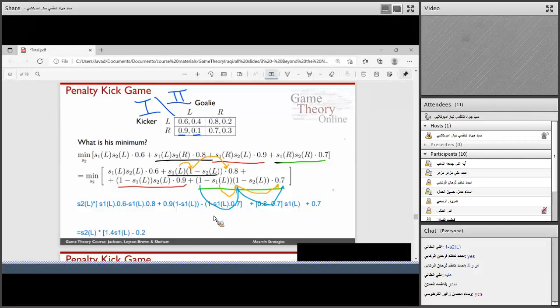And then eventually minus 1 minus S1 of L times 0.7. Yeah, this is good. And then for the terms with no S2, I got minus 0.7 S1 of L, and then plus 0.8 S1 of L, and then we got 0.7, yes, so that would be it. Okay, good.